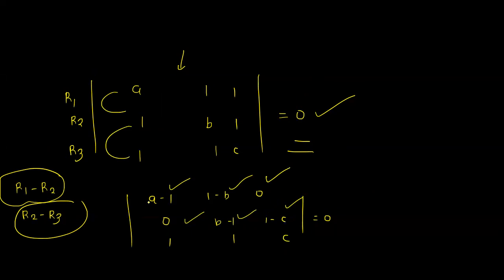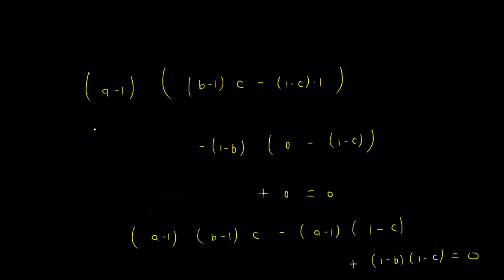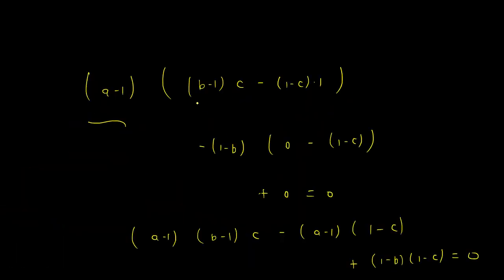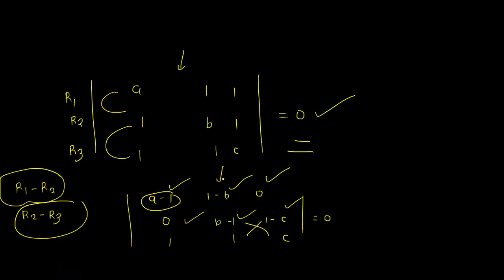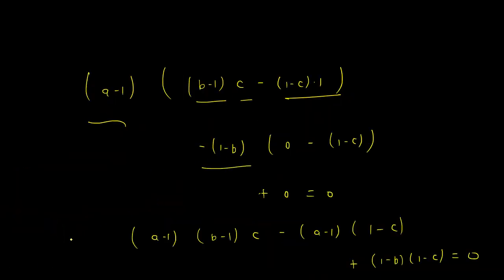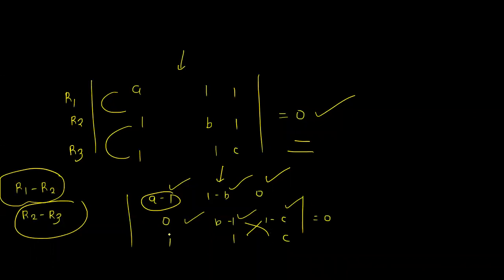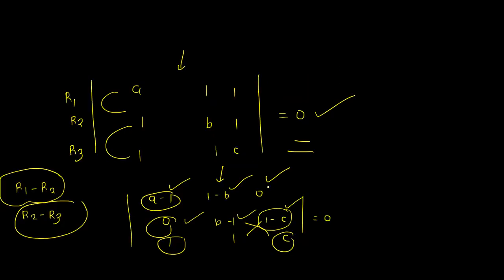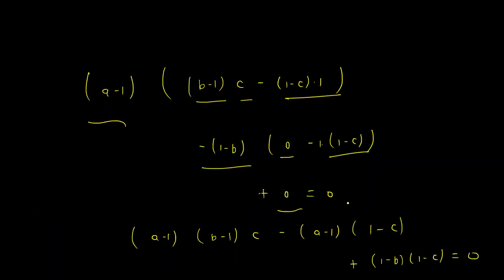So if you take a minus 1 and cross multiply this two, it will become b minus 1 times c and 1 minus c times 1, and minus of this, by the simple determinant formula, and it will become 0 multiplied by this, and 1 multiplied by 1 minus c, so 0, and last thing is 0, and this whole thing is equal to 0.